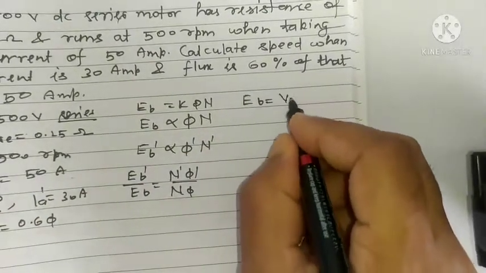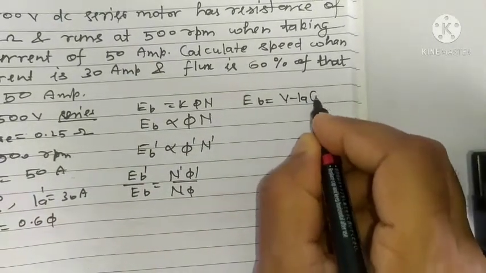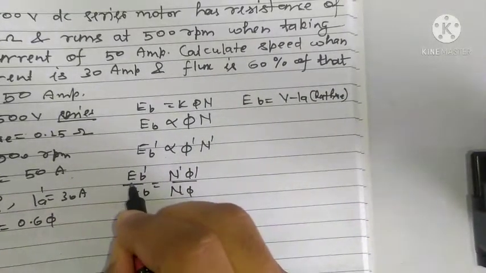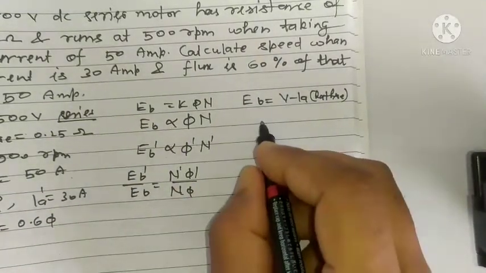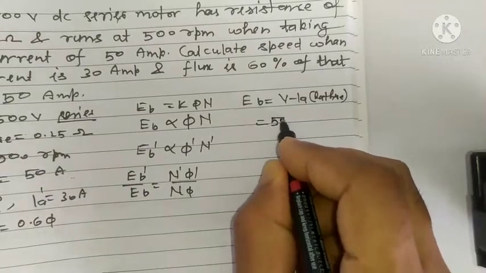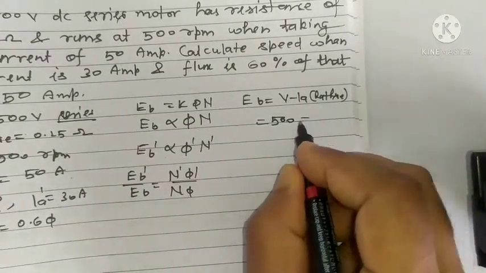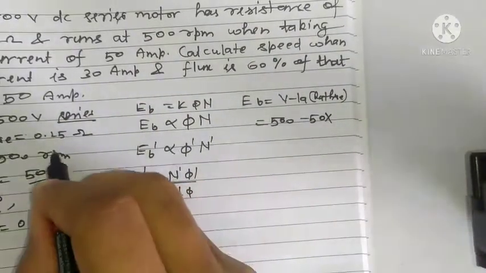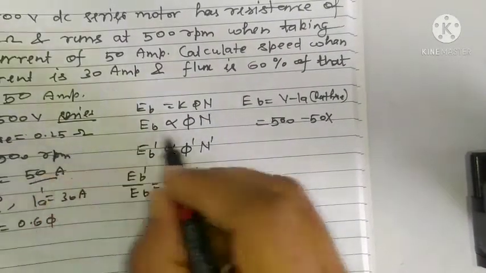In terms of given value, V minus IA into Ra plus Rsc. For series motor, V is 500 minus IA is 50 and resistance is 0.25.